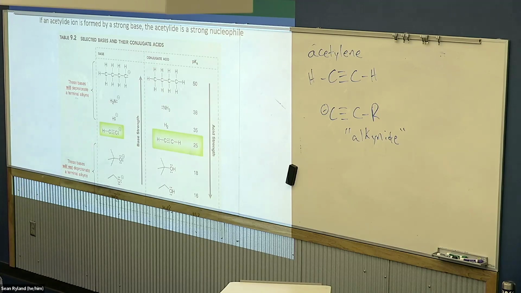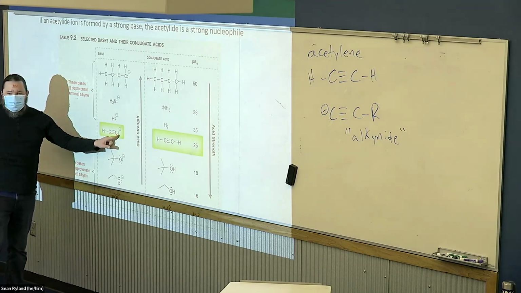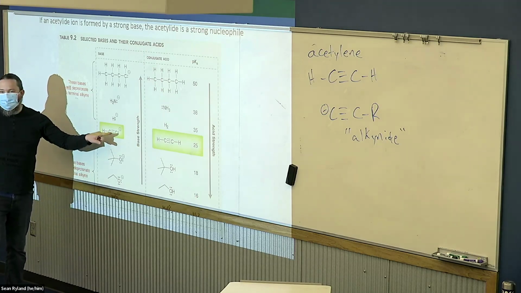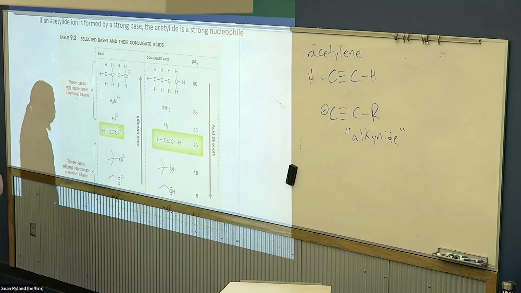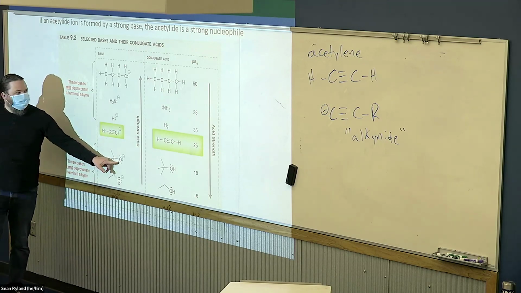And that just means it's a pretty good nucleophile. It's not sterically hindered most of the time. You've got a strong negative charge on a carbon, which is not particularly stable, so it's going to find something it can react with pretty well. It's a better nucleophile than an oxygen with a negative charge.